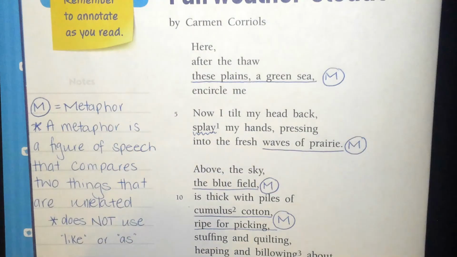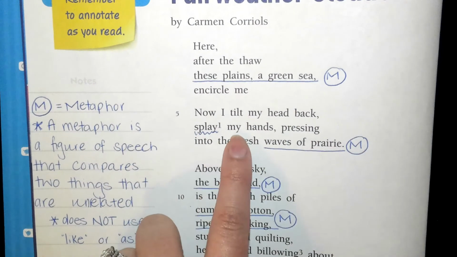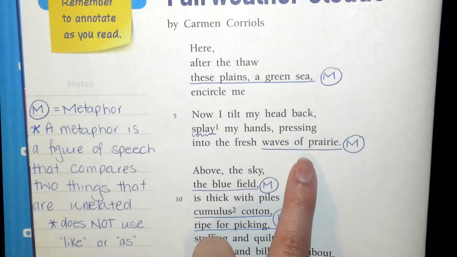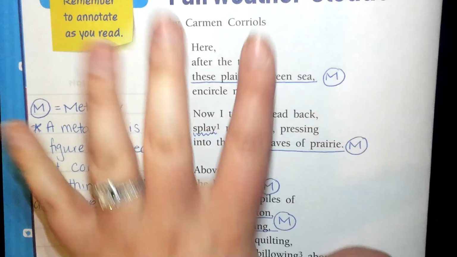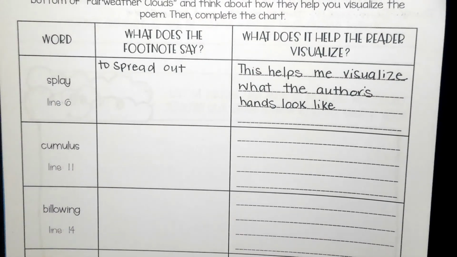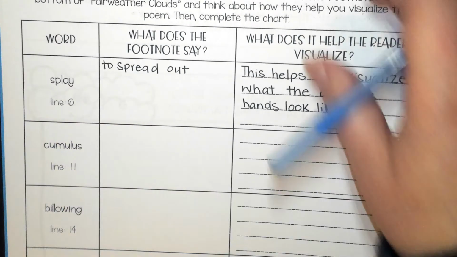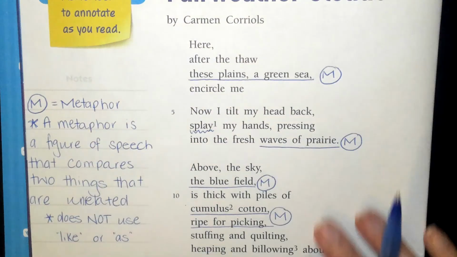If I look here, now I tilt my head back, spread out my hands, pressing into the fresh waves of prairie, then it makes sense. I'm spreading out my hands, I'm splaying out my fingers and pressing them into the fresh green grass. Okay, so that's what I wrote here. Splay means to spread out. I got that from my footnote down here.